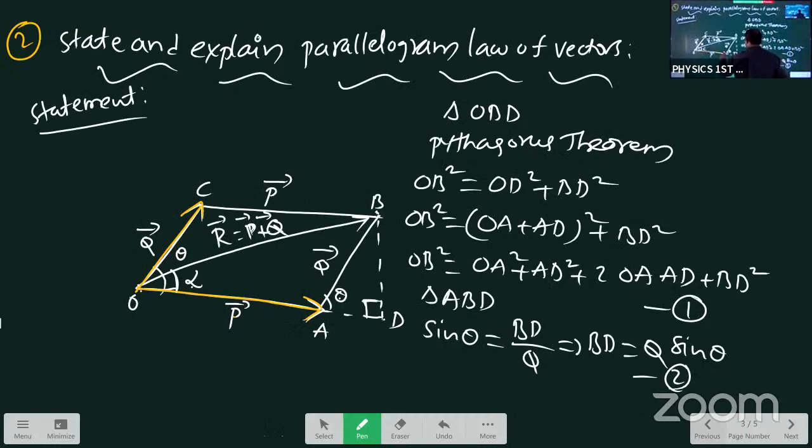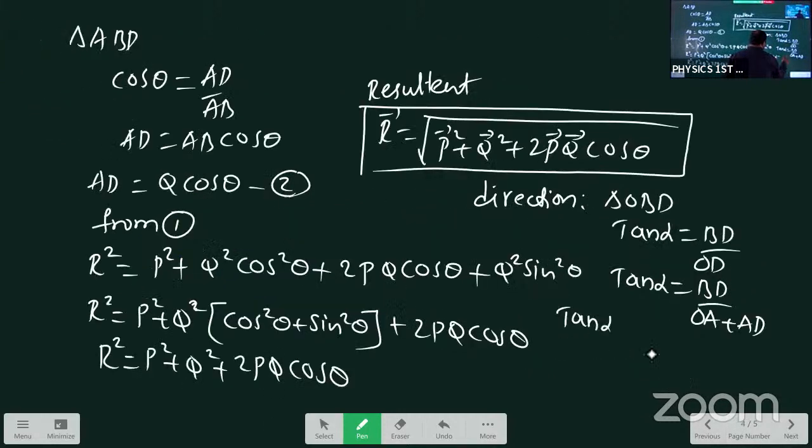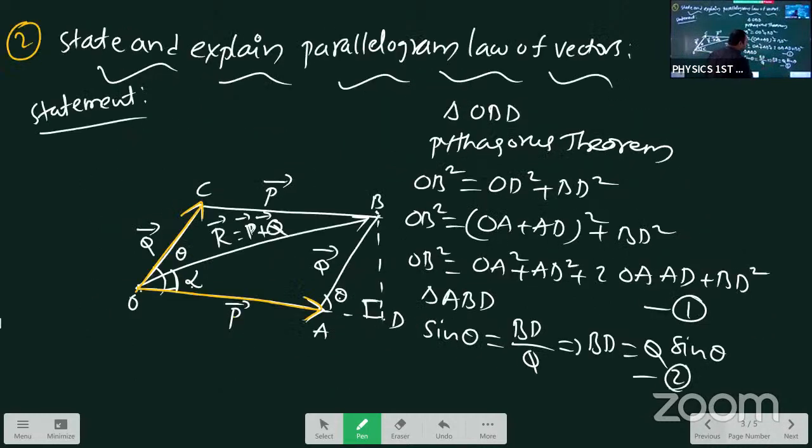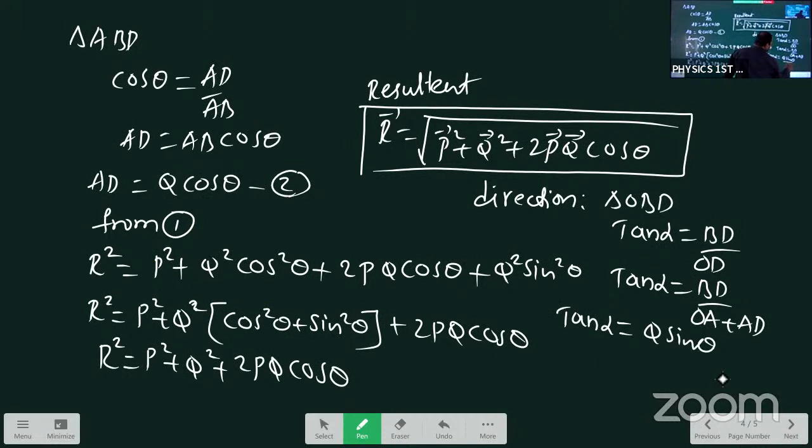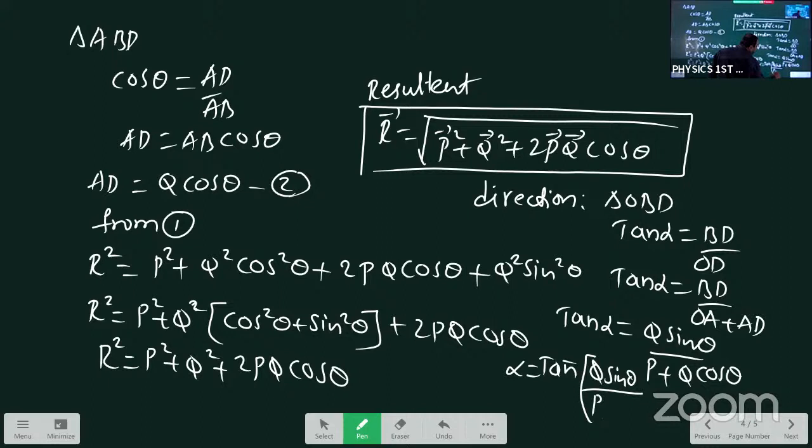BD from the previous case is Q sin theta. OA is P, and AD means Q cos theta. From this, what is the alpha value, student, the direction? Q sin theta by P plus Q cos theta.